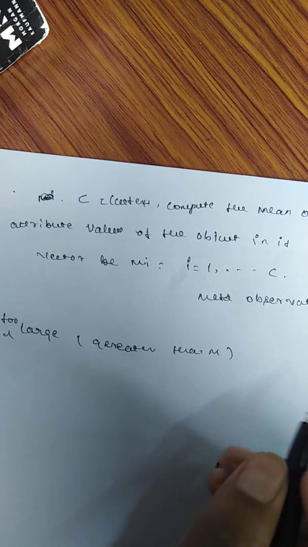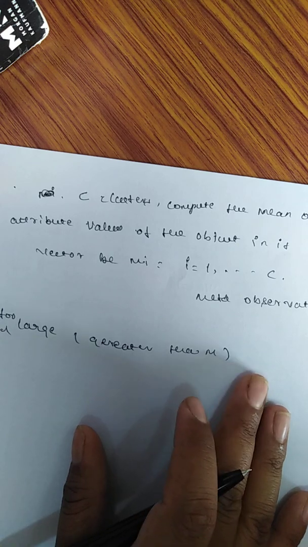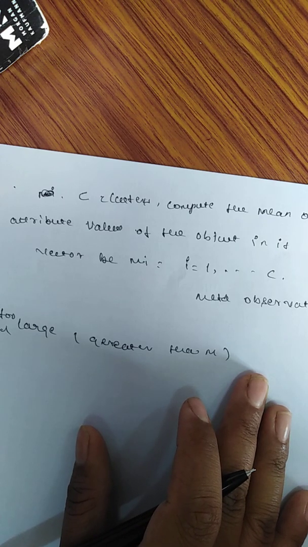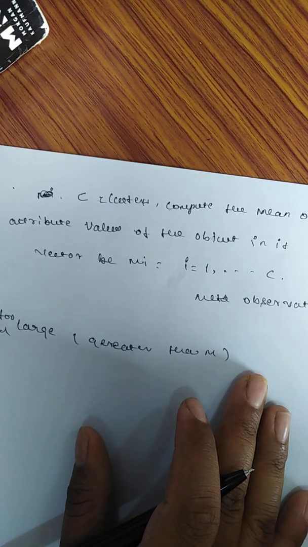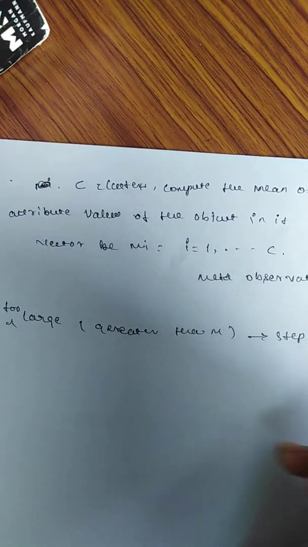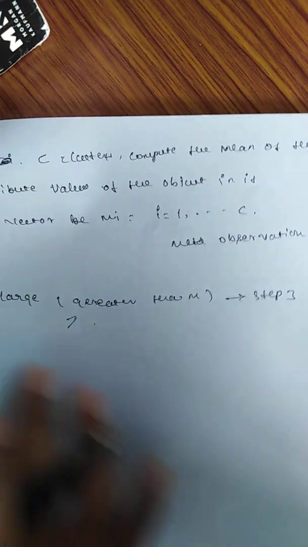Step 3 means we use the mean vectors mi, where i equals 1 up to C. When the data is still large, we follow step 3 again.